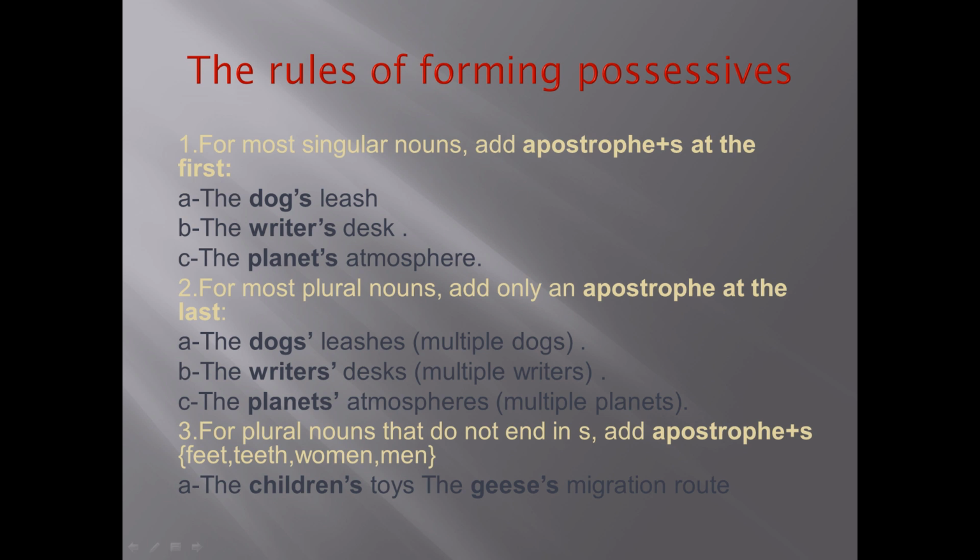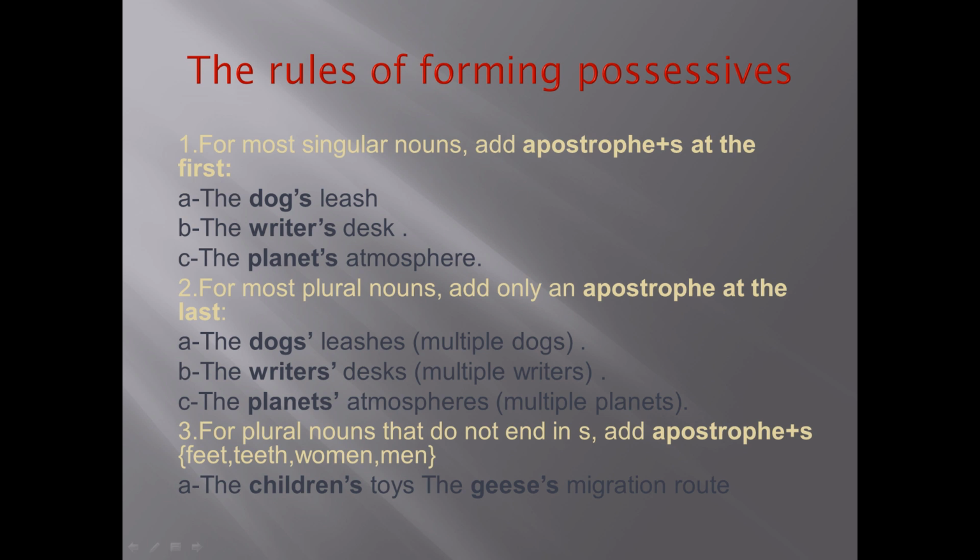The apostrophe comes before the S. In example B, the writer's desk. I put the apostrophe before the S, which means this desk belongs to the writer, and the leash belongs to that dog. The planet's atmosphere. This atmosphere belongs to our planet, so I put the apostrophe before the S.